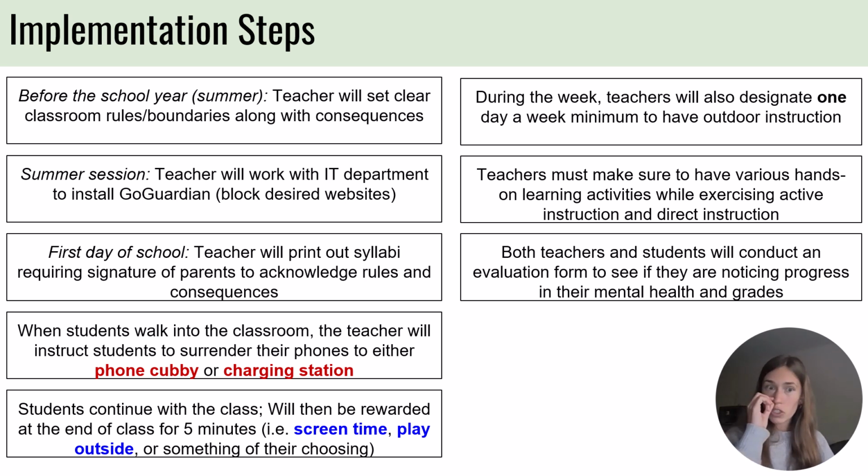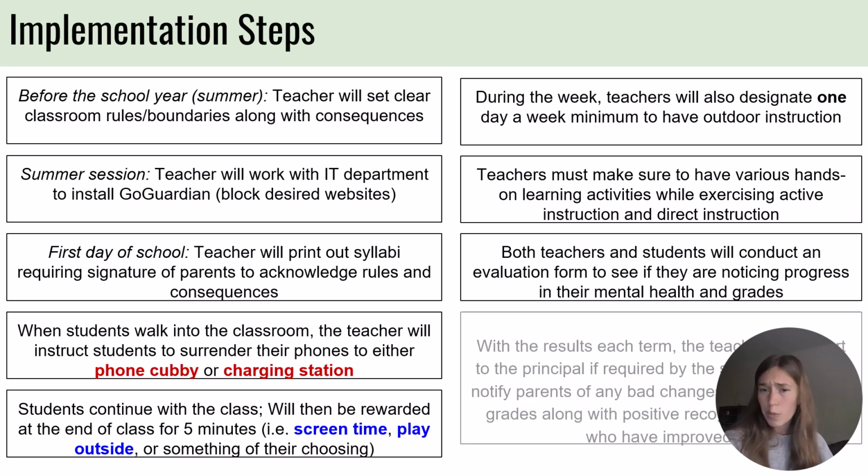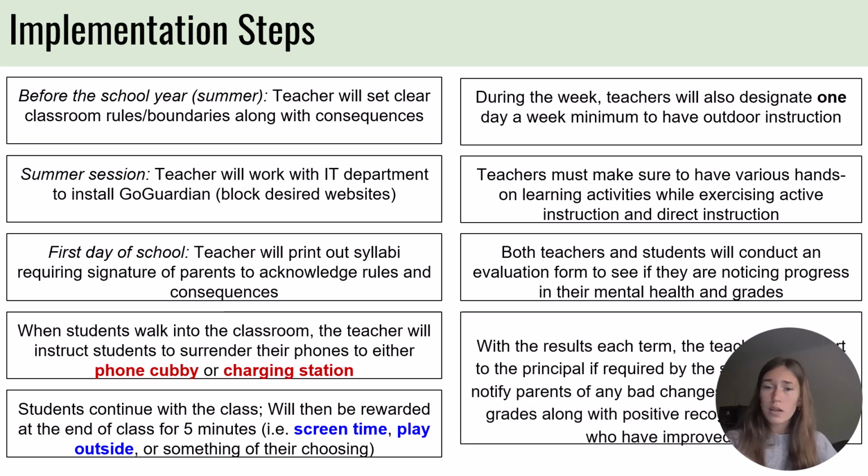So both evaluations will cover how or if teachers and students are seeing any progress in their academic performance whatsoever and their behaviors to learning. And then at the end of each quarter, at the end of each term, if required by the school, the teacher can report the progress to the principal, or they can report the progress to the families, which teachers should already be engaged with the parents or the guardians of the students, and also just give them a shout out like, hey, by the way, your child just increased from a 78% to an 86% this quarter, and he's engaging more.